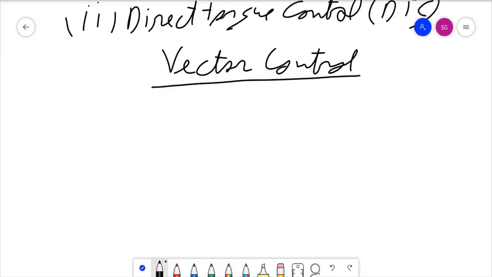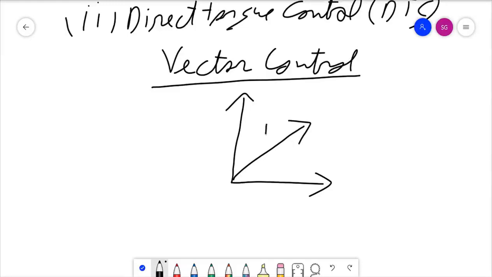So you have to control the magnitude as well as the phase angle. If you draw the phasor, a current will have a magnitude I mod and an angle.